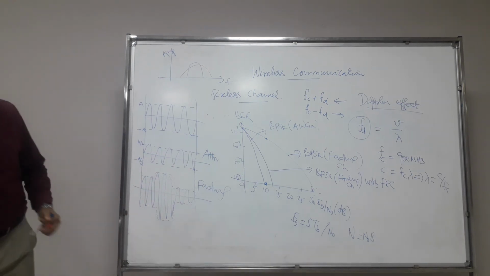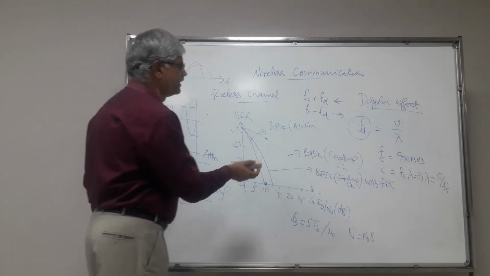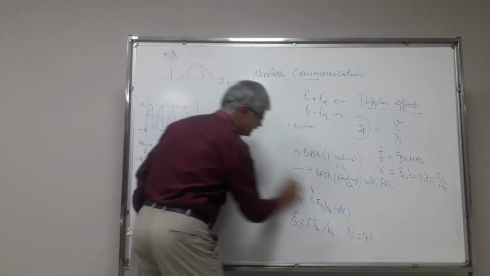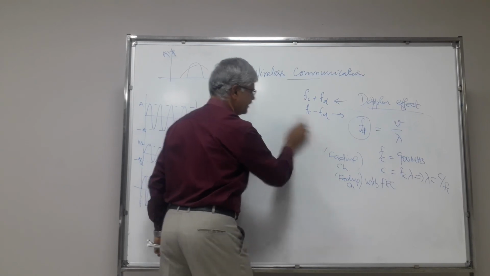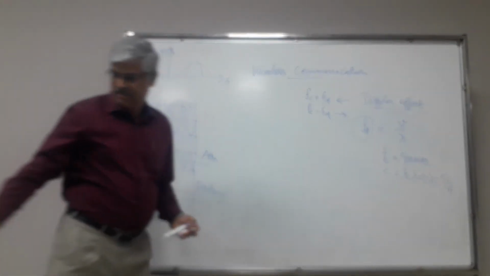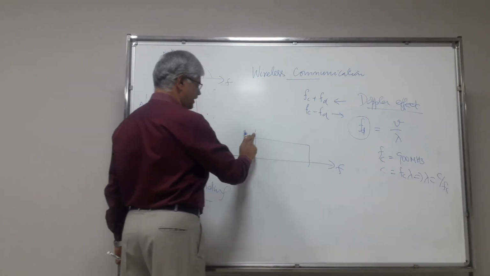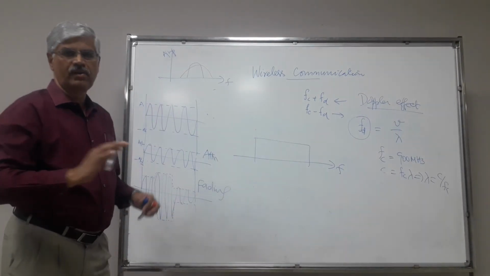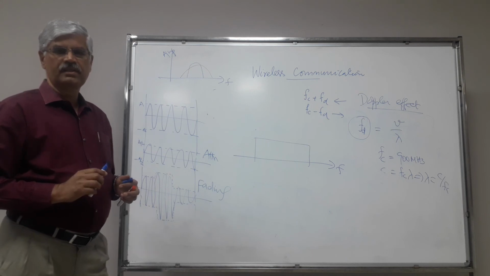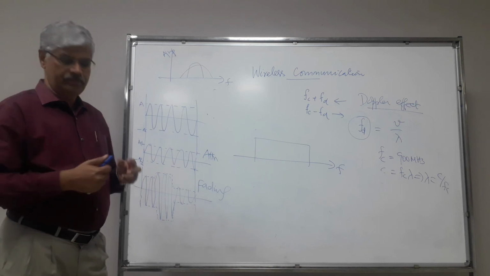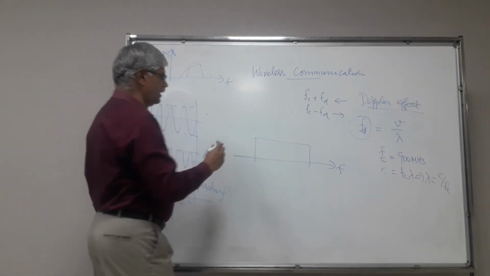Just one minute, I will bring in another effect. Normally, for any frequency spectrum, this is one particular band for a particular application. The electromagnetic spectrum is divided into various bands, and each band is given to various applications depending upon the type of requirement.